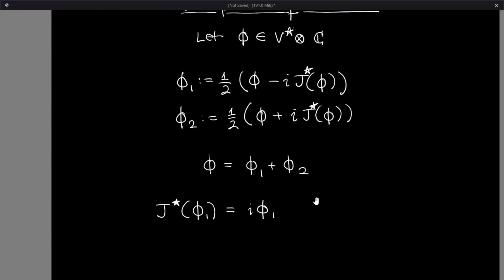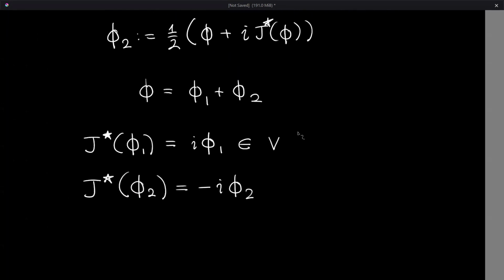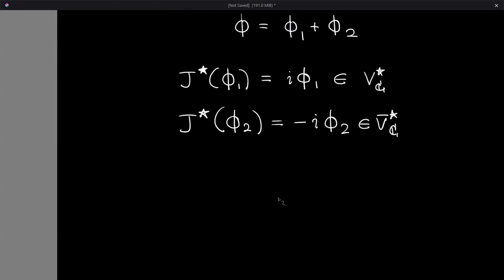And if we take J star on phi 2, then we should get minus i times phi 2, which means that this is an element of V star C, and this is an element of V star C bar. Okay, I'll do the math again and I'll post it on the Discord, but this is what it should come out to.